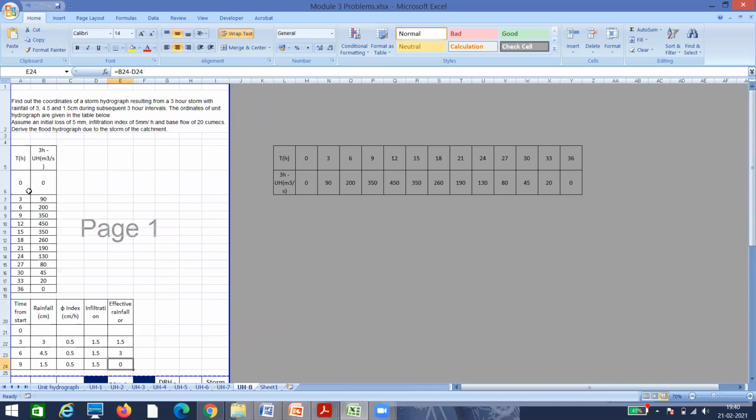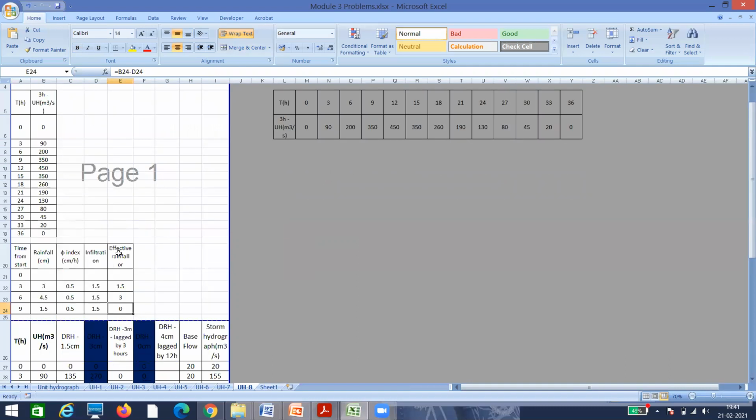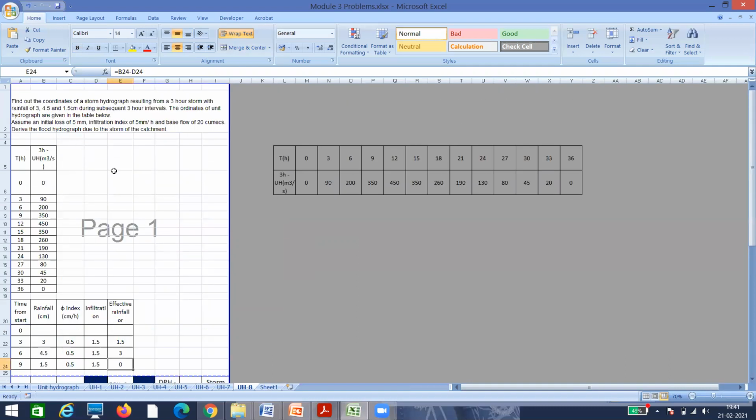Now they've asked to assume an initial loss of 5 mm. This problem I have taken from the VTU itself. Remember, the initial loss of 5 mm or 0.5 centimeter, you have to deduct it here. But since you're already getting a 0, you can't have a negative value, so I have not deducted it. If you're not getting a 0, you have to have one more column saying initial loss is 0.5 centimeter.